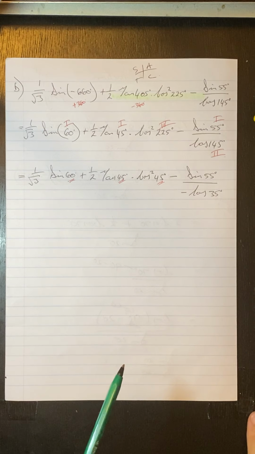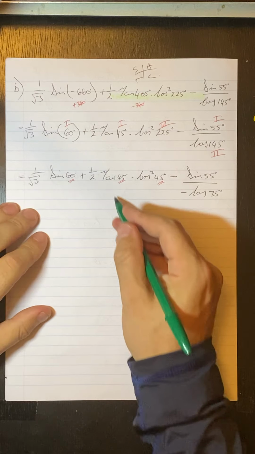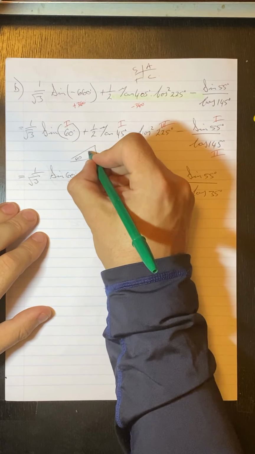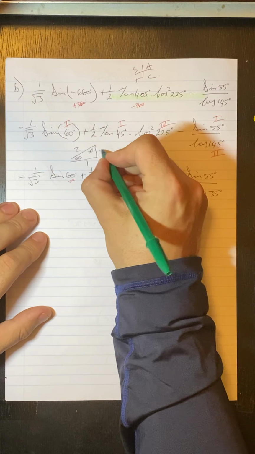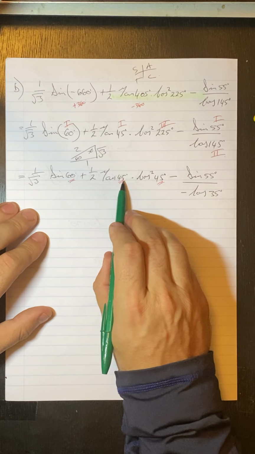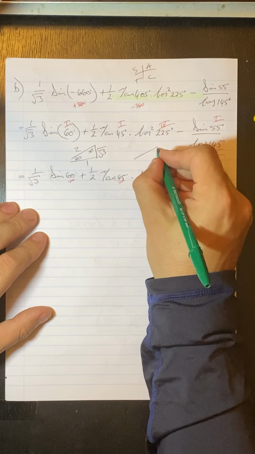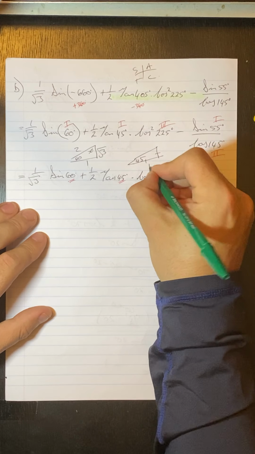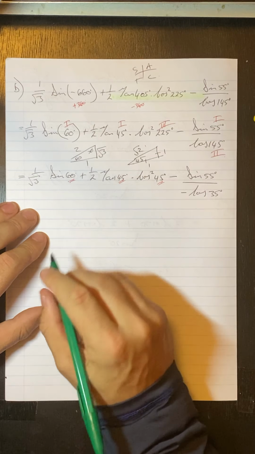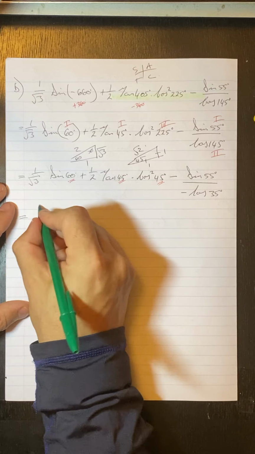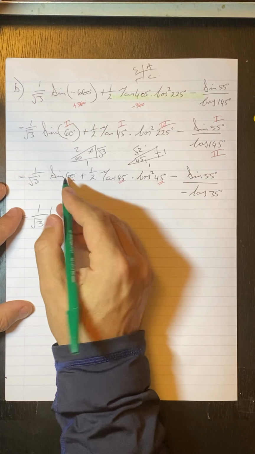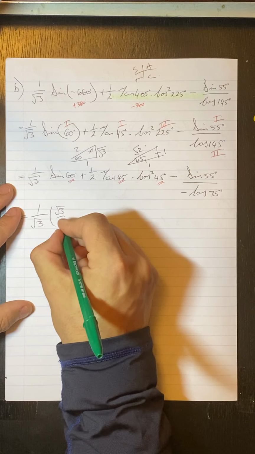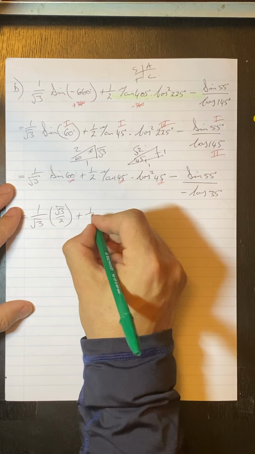So let's draw up our little triangles. I'm just going to do them on the top here, guys. So we've got 60, 30, 1, 2, root 3. I'm going to do the 45 one as well because we've got 45s here. Okay, so we've got here 1 over root 3. Sine of 60, opposite over hypotenuse, so that's root 3 over 2, plus a half.